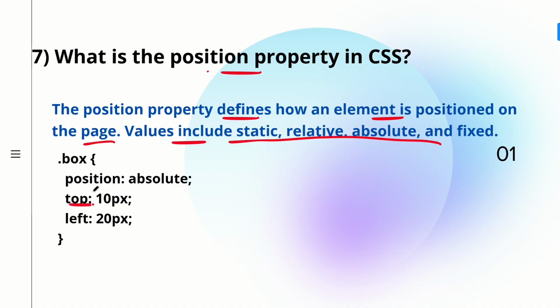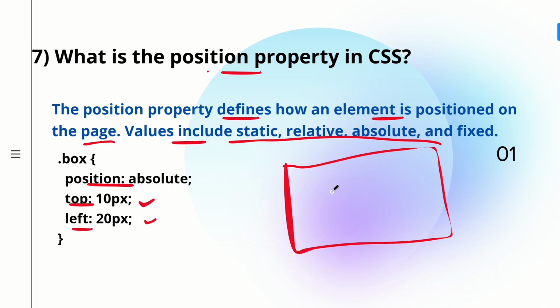You can see you have given position as absolute, and then you have given top and left, so that positioning will be absolute. Absolute in the sense that the element is going to position itself by referring to the nearest positioned ancestor. For example, this is a big element, and inside this we have the box element.